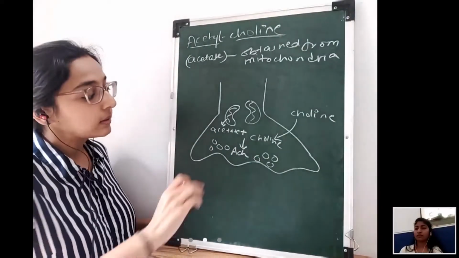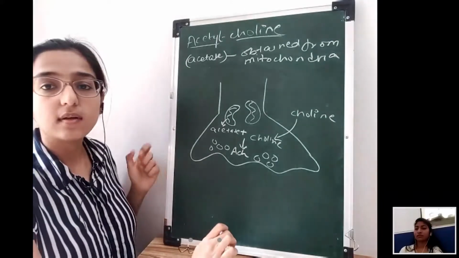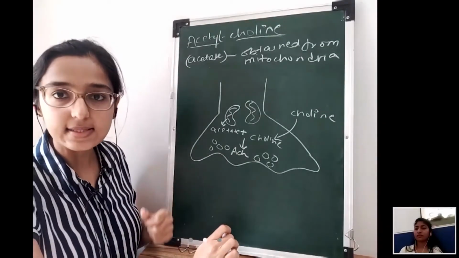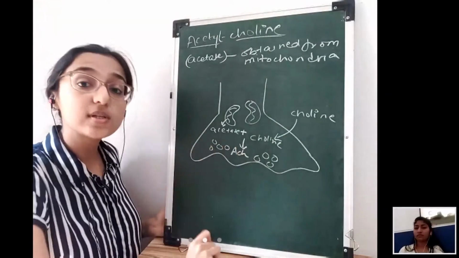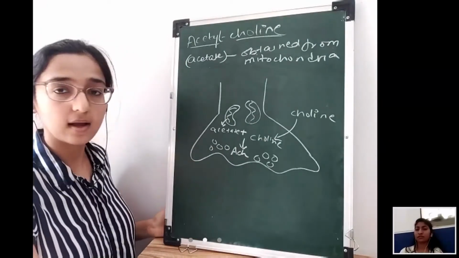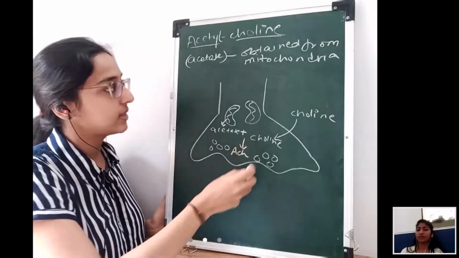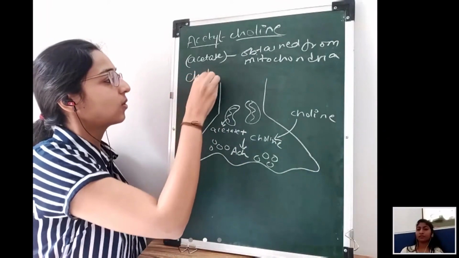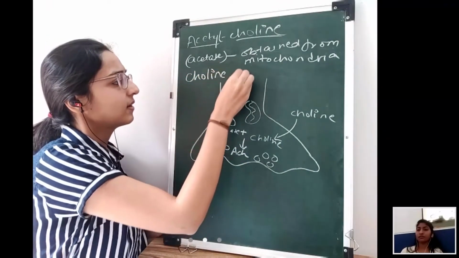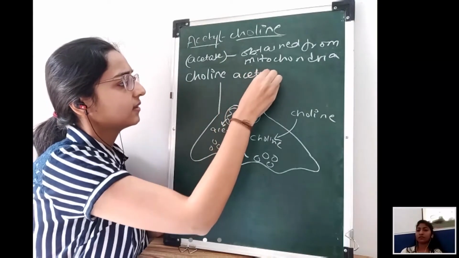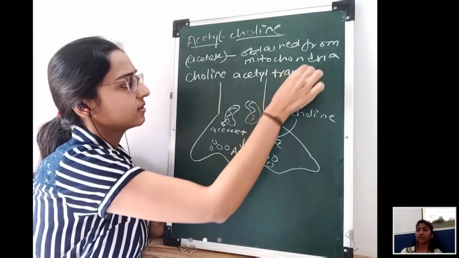Now, this acetylcholine will not form on its own. It will need an enzyme, correct? Which is that enzyme? Anybody has an idea? The enzyme is choline acetyl transferase.